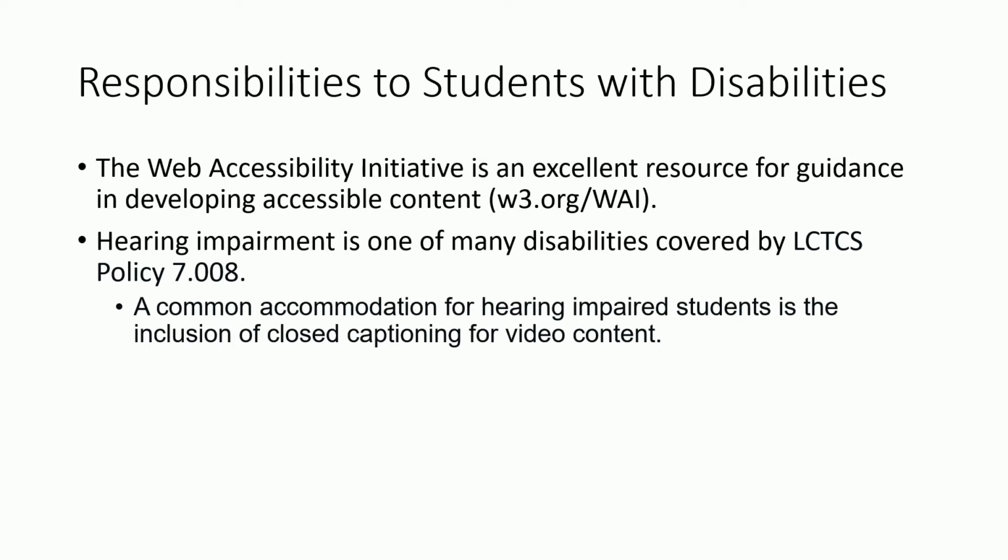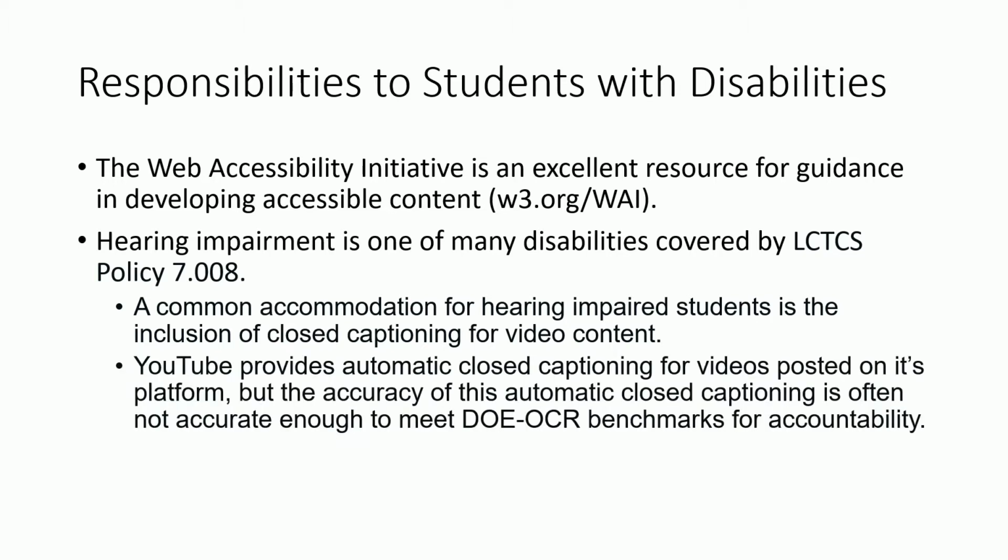The primary accommodation that hearing impaired students need in online classes is the inclusion of closed captioning in video content. Next, I will show you how to upload videos to YouTube and make corrections to YouTube closed captioning so that your content can meet the benchmarks for accountability as required by the Department of Education.